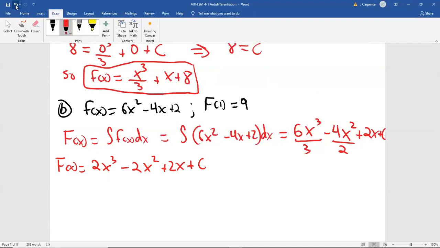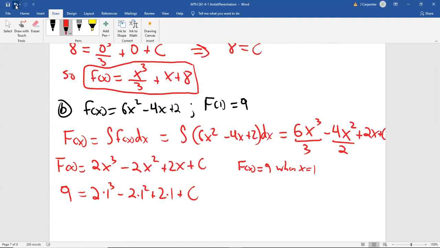We know that if you plug in 1, the whole thing turns into 9. So if you plug in 1 here, here, and here, this whole thing should be equal to 9. So in other words, capital F of x is equal to 9 when x is equal to 1. So this function becomes 9, and the x's become 1s. So 2 times 1 cubed minus 2 times 1 squared plus 2 times 1 plus c.